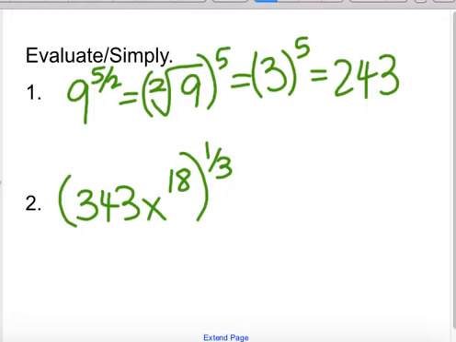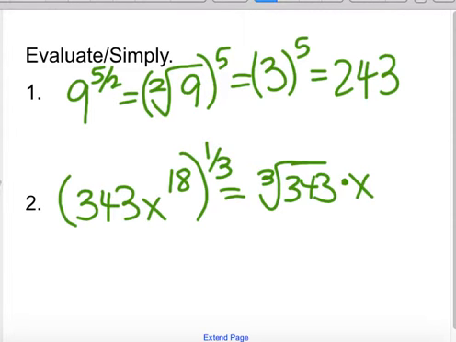We're going to write this in radical form for the 343. So it's going to be the 3rd root of 343. But we're going to leave the x out and say that it's x to the 18th to the 1/3.